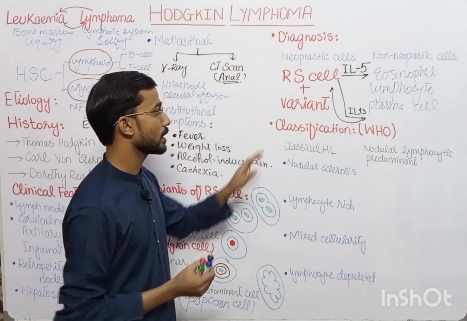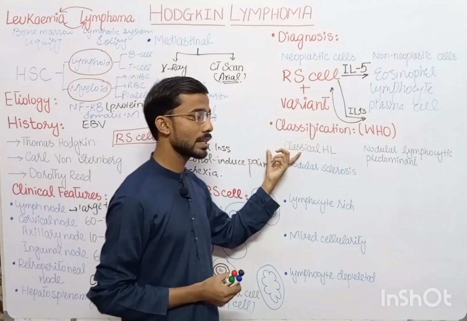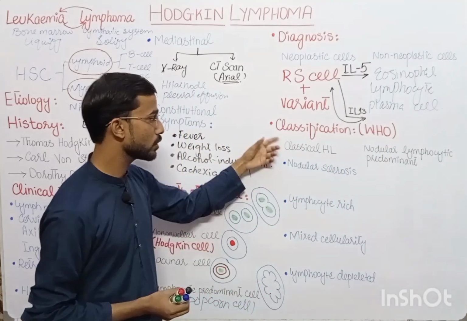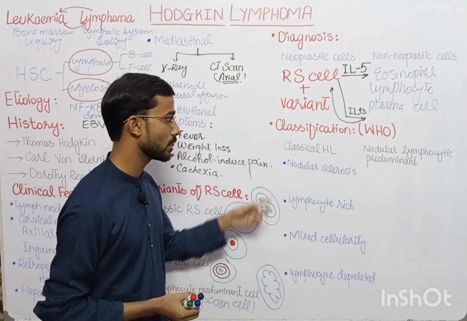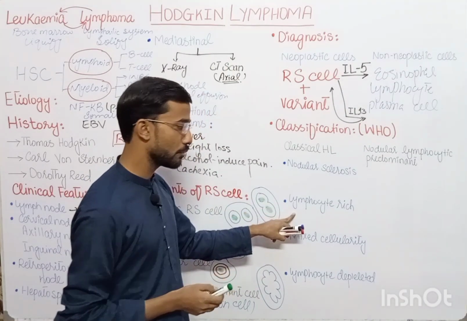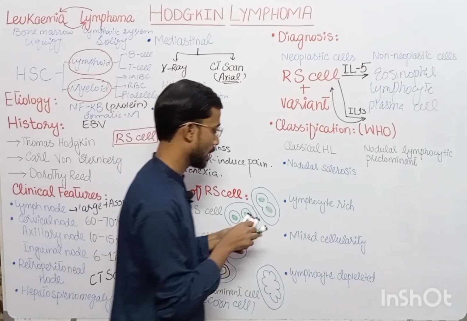Next is the classification according to the WHO: classical Hodgkin lymphoma and nodular lymphocyte predominant. Classical includes 4 types: nodular sclerosis, lymphocyte rich, mixed cellularity, and lymphocyte depleted.